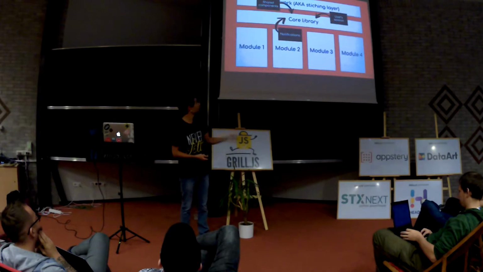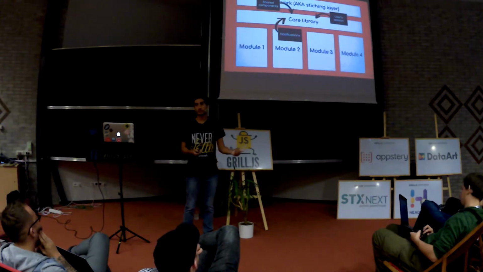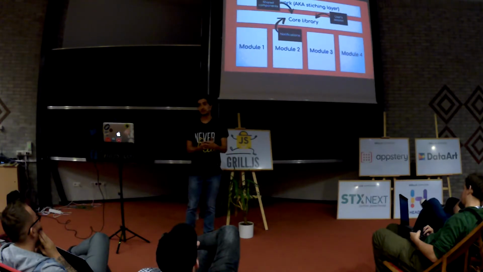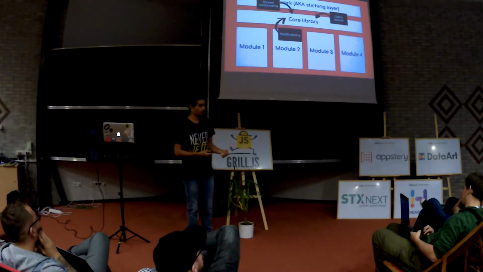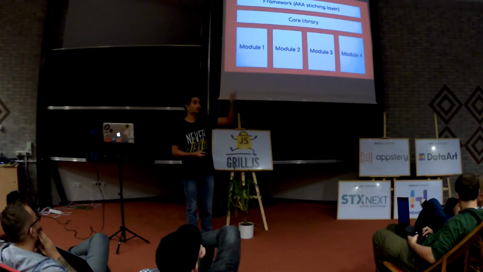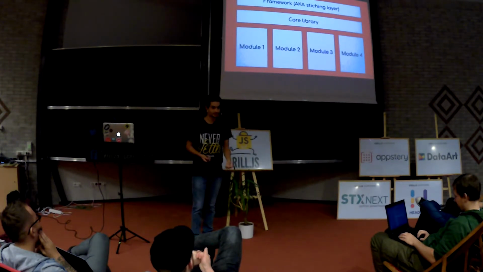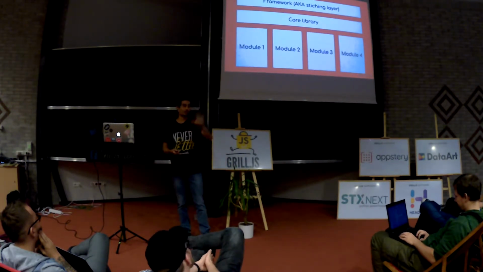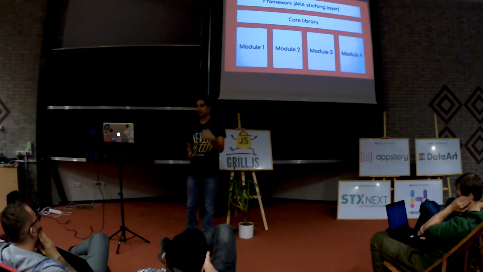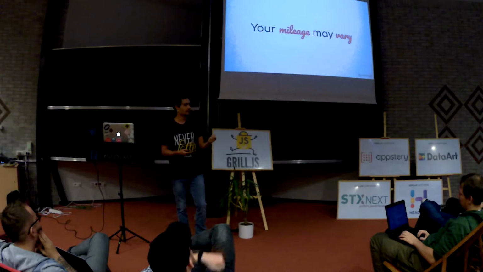And maybe state management or notifications and stuff like this will be in the core library that everyone is going to use. It can be big, maybe it can be small, but it depends on your modules. And there are the actual modules that you can hopefully split out into independent squares. Okay, this is the overall architecture.